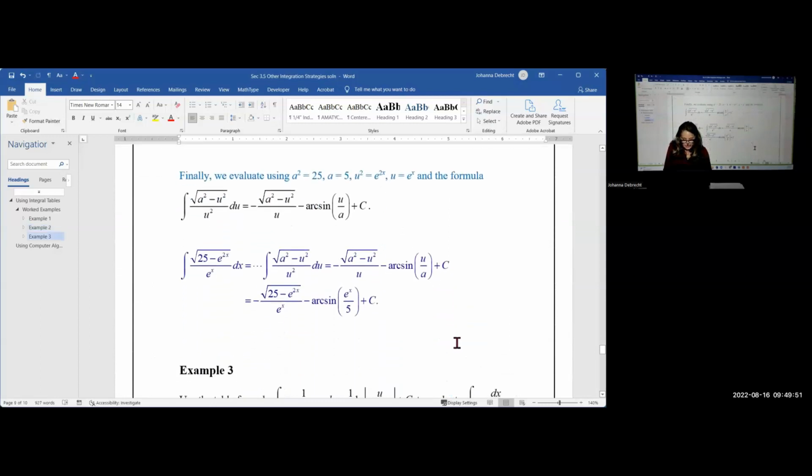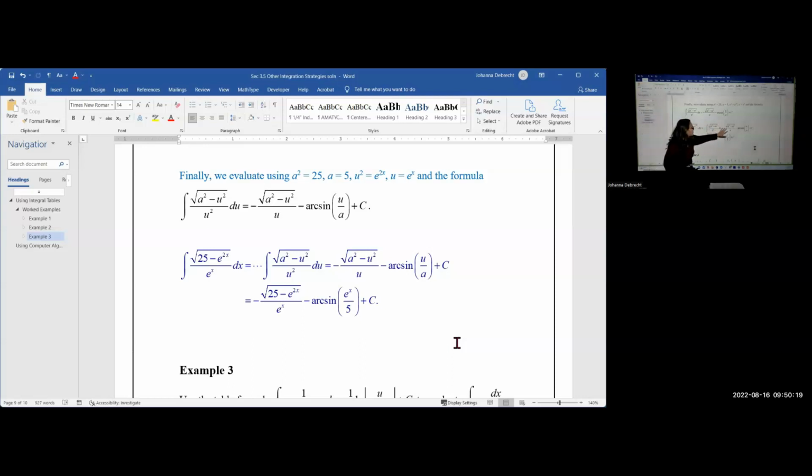Here's the formula again, along with the substitution expressions that we've come up with. A squared is 25, a is 5, u squared is e to the 2x, u is e to the x. And we've replaced each piece, so we're ready to use the pattern on the right with these substitution expressions to come up with an antiderivative for this integral in terms of x.